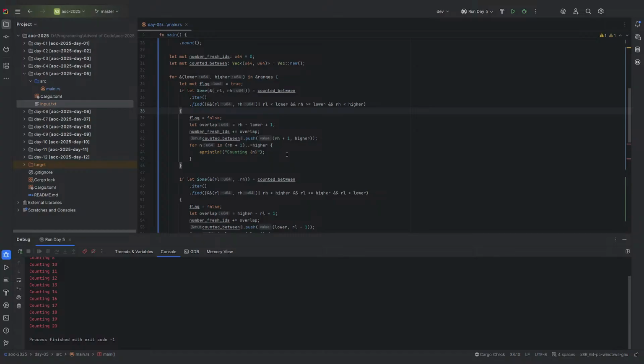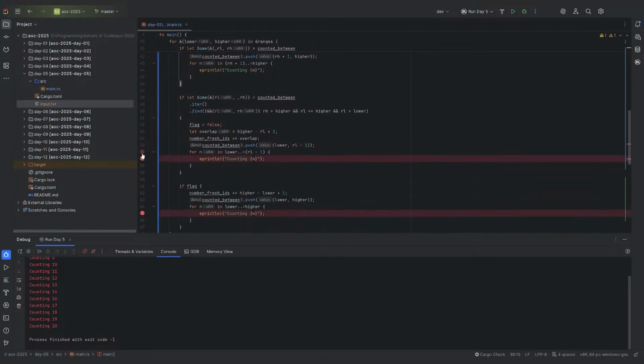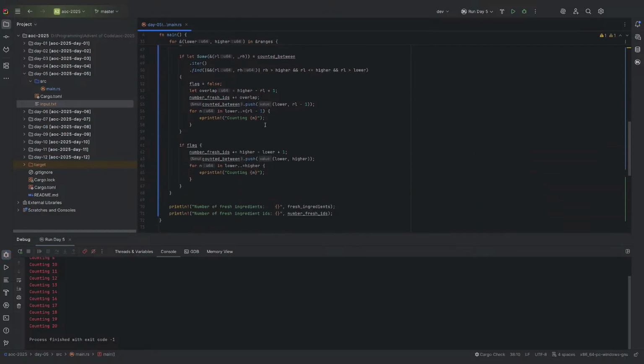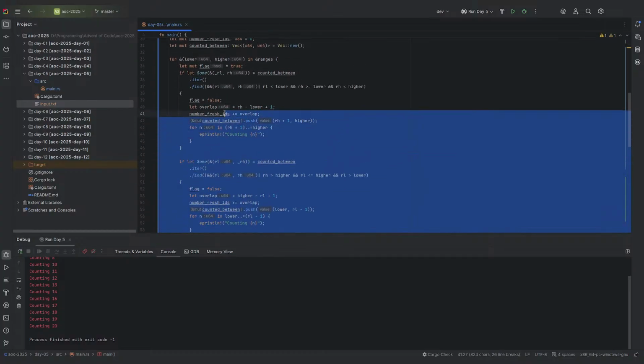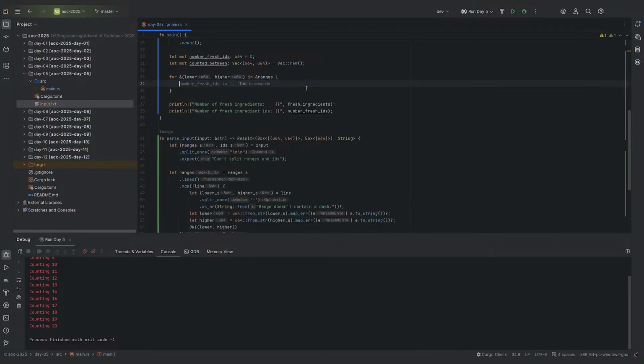First of all, it means my overlap detection is also wrong. Which is annoying because I don't know what's causing it then. First of all, that means this code is all garbage. This stinks. Can't count each ID, which is a nuisance.